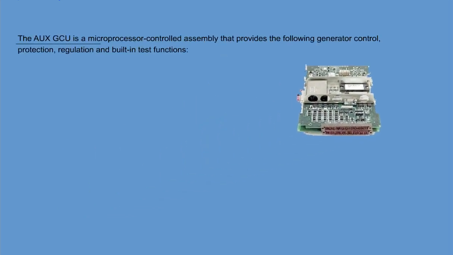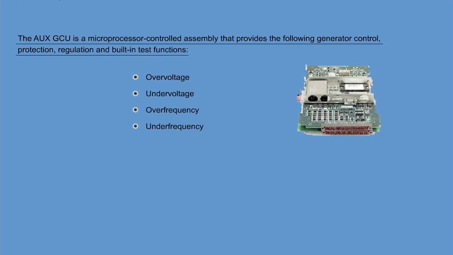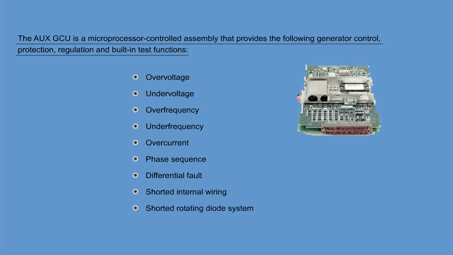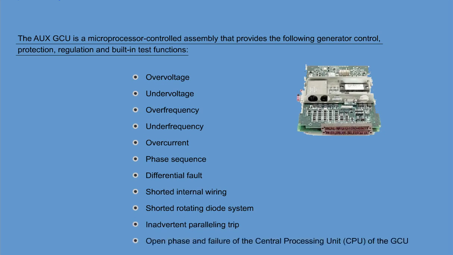The auxiliary GCU is a microprocessor-controlled assembly that provides the following generator control, protection, regulation, and built-in test functions: over voltage, under voltage; over frequency, under frequency; over current; phase sequence; differential fault; shorted internal wiring; shorted rotating diode system; inadvertent paralleling trip; open phase, and failure of the central processing unit of the GCU.